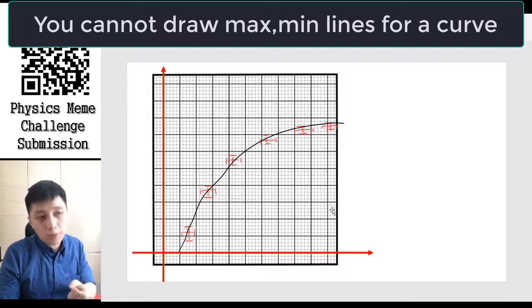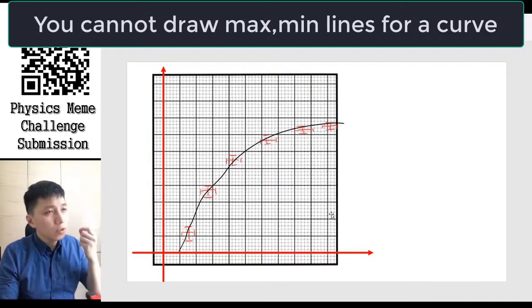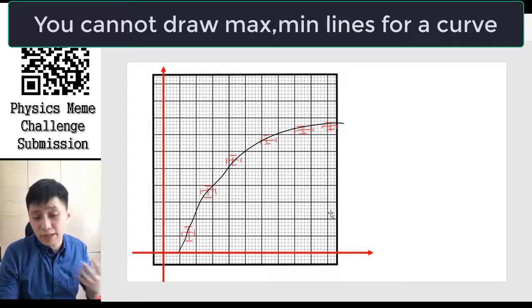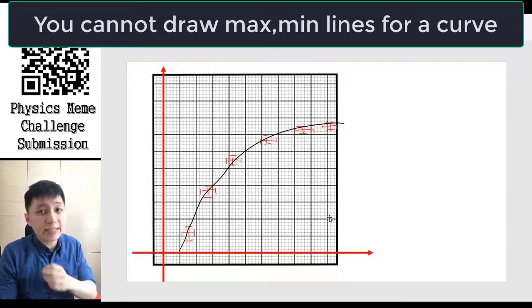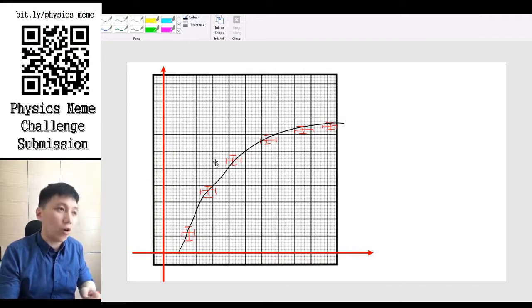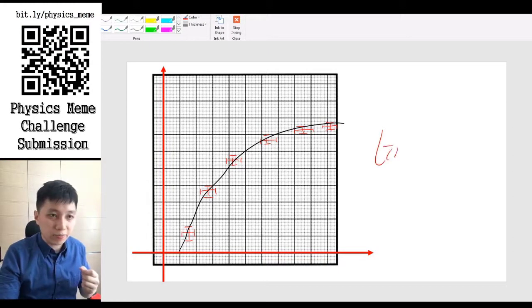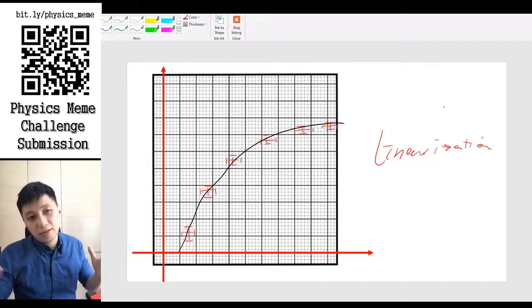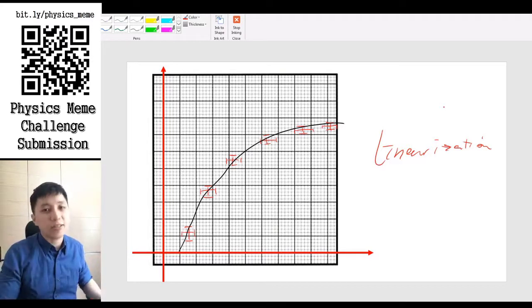So for a curve you cannot draw max-min lines, and you cannot further deduce some physical meaning from it. That's why in a later video I will introduce an idea called linearization, which is to make a curve straight. I will explain more in future videos.